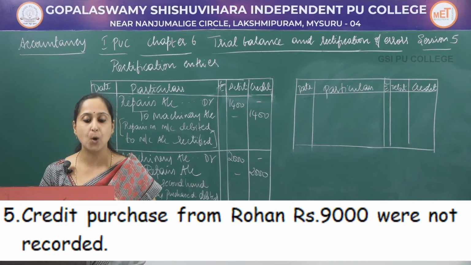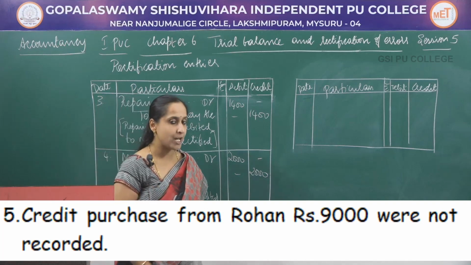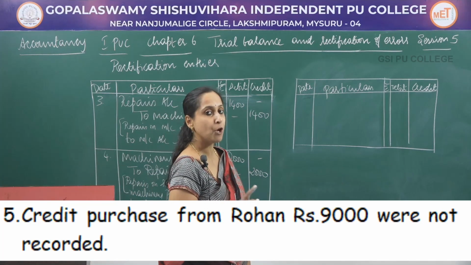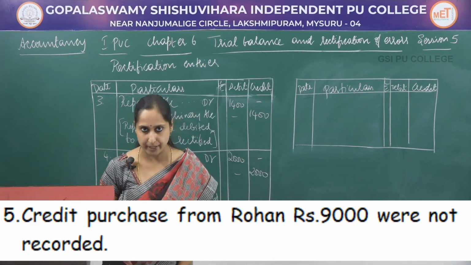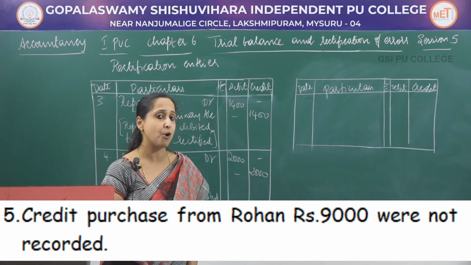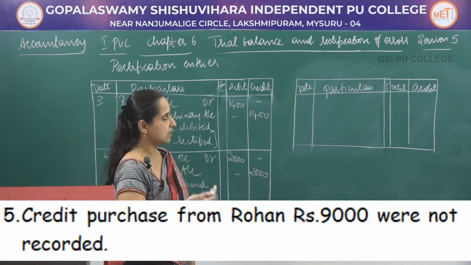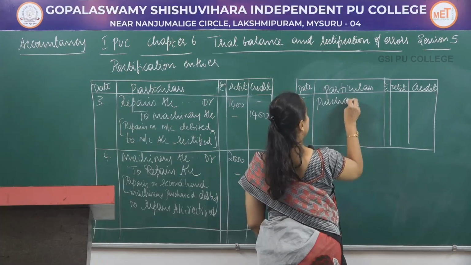Credit purchases from Rohan rupees 9000 were not recorded. They have purchased the goods from Rohan. That transaction they have not recorded. What is the journal entry? Purchases account debit to Rohan's account 9000. This transaction they have not recorded. Now we have to record the transaction. By recording the transaction, we can rectify this error.